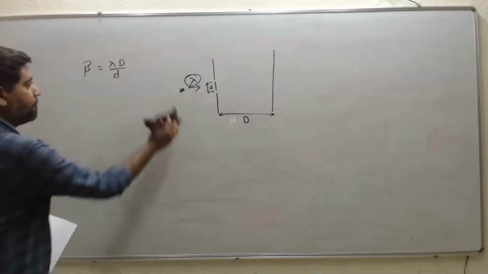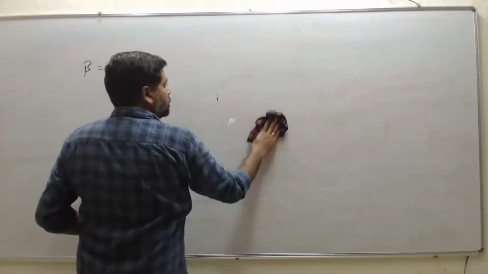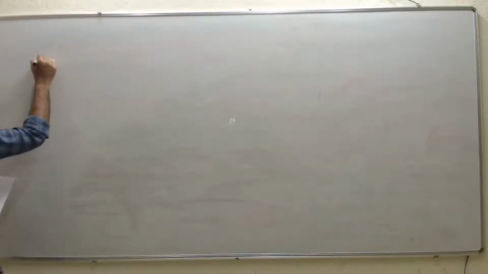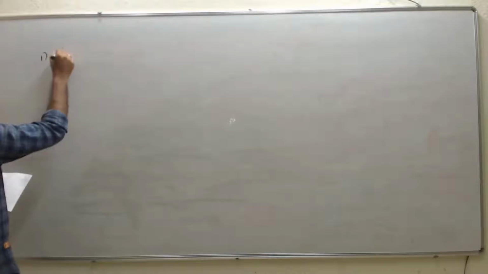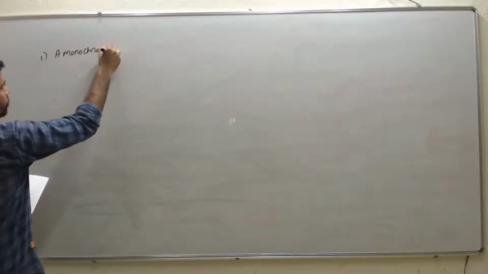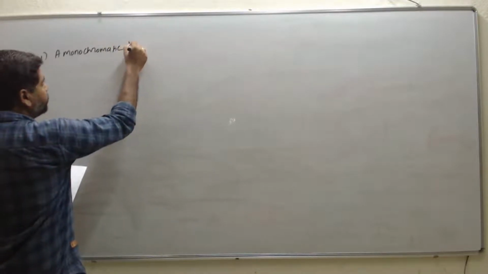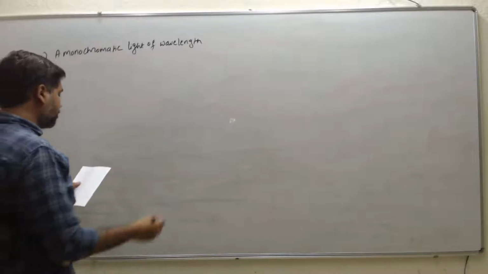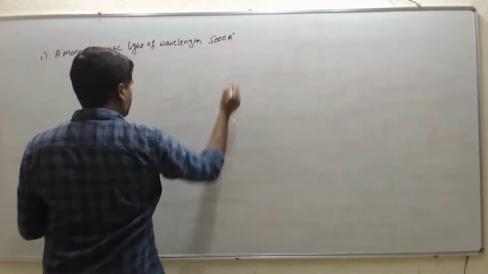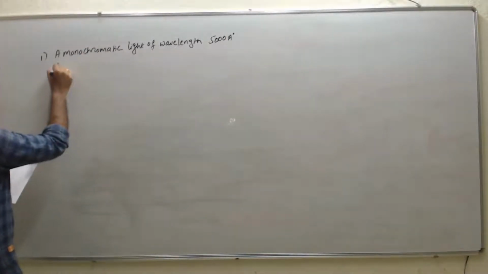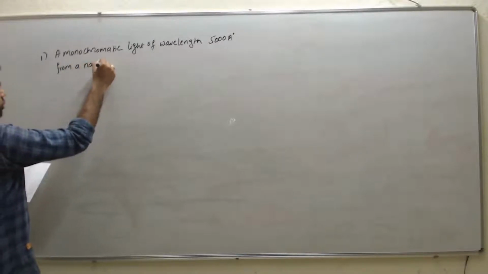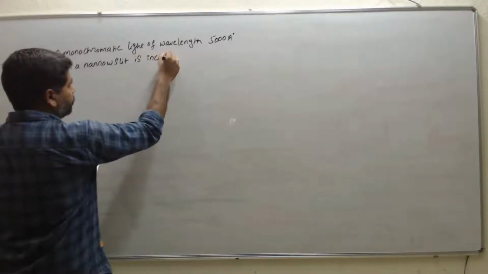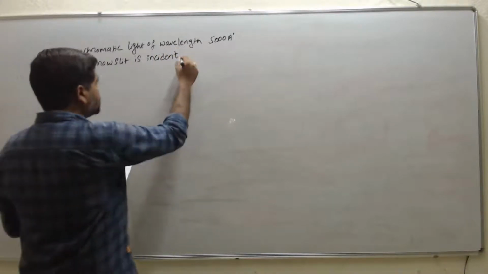In the first problem: monochromatic light of wavelength 5000 angstrom from a narrow slit is incident on the double slit.